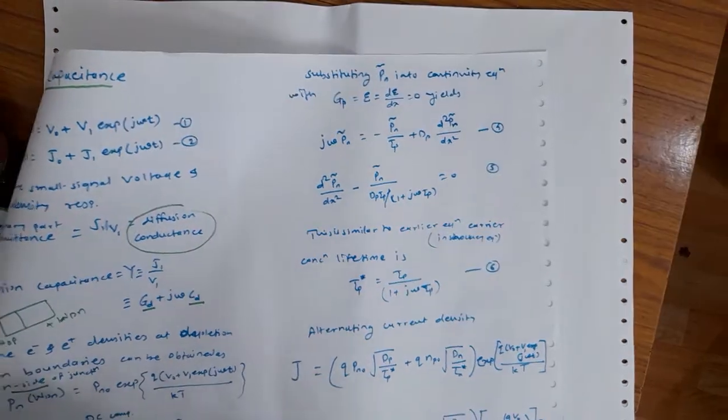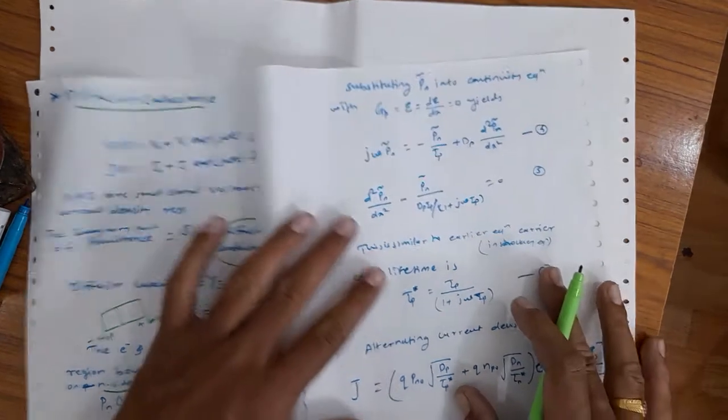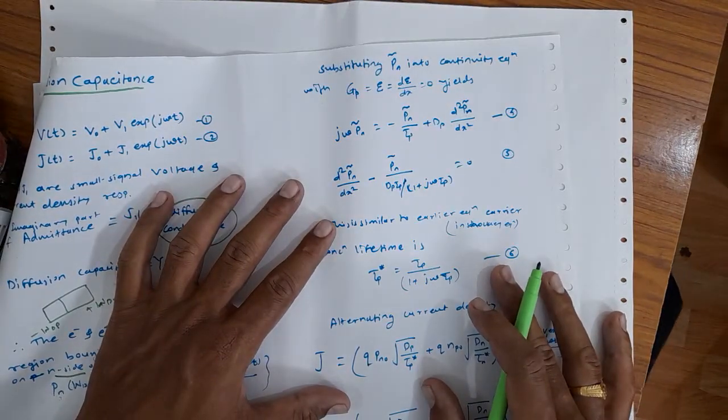The continuity equation is something we actually studied in chapter number 1, where dn by dt, the rate of change of electron density, is given by that equation.